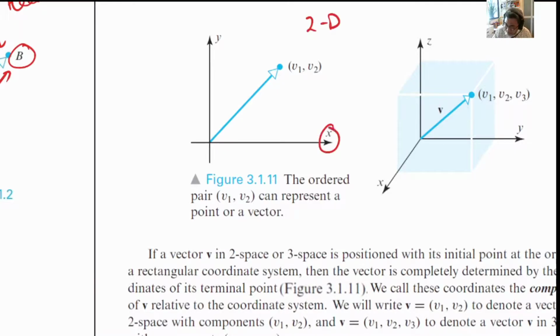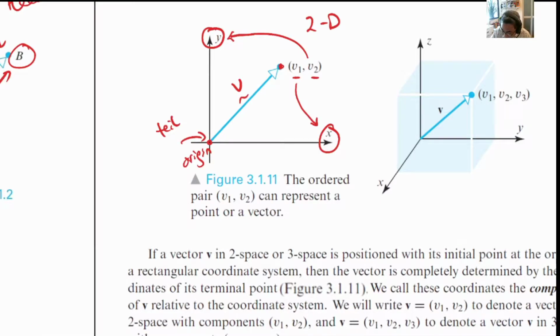We have the x-axis, the horizontal axis, and the y-axis, the vertical axis. The tail of the vector v is at the origin, and the head of the vector is at (v1, v2), where v1 is the component along the horizontal axis, or the x-axis, and v2 is the component along the vertical axis.